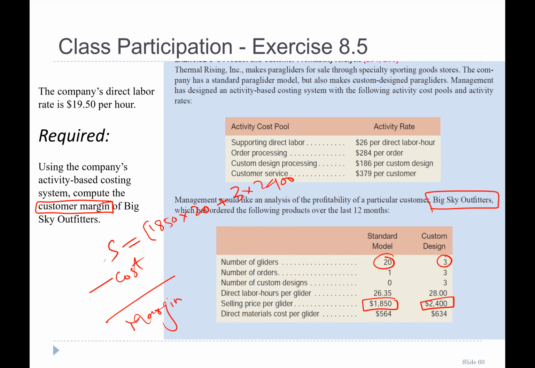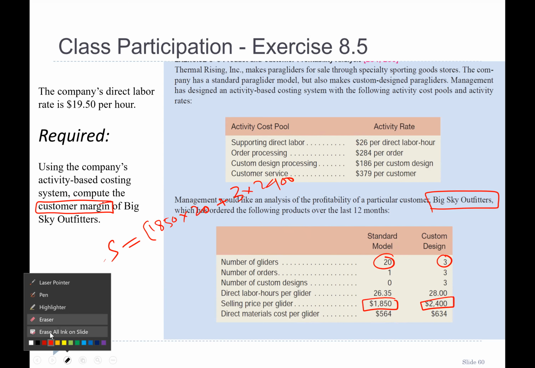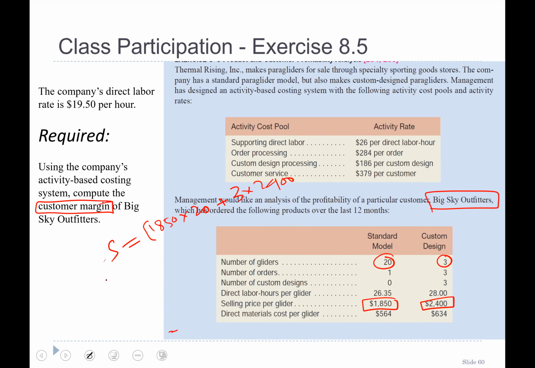So first of all, from sales you deduct direct material and direct labor, because that is going to be easy and it's traceable as well, right? Sale minus direct labor minus direct material.